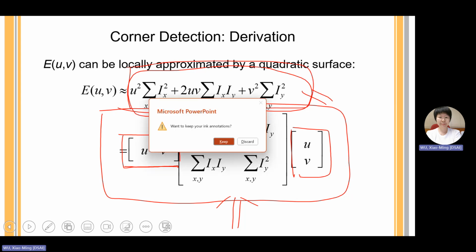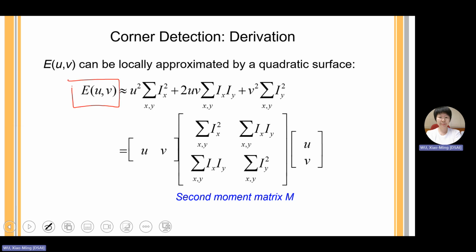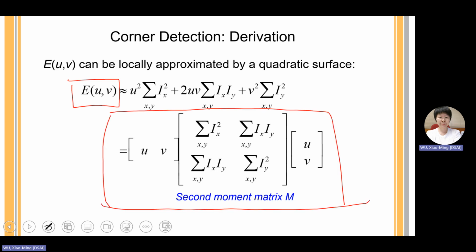Essentially, the computation of EUV boils down to the computation of this quadratic term.